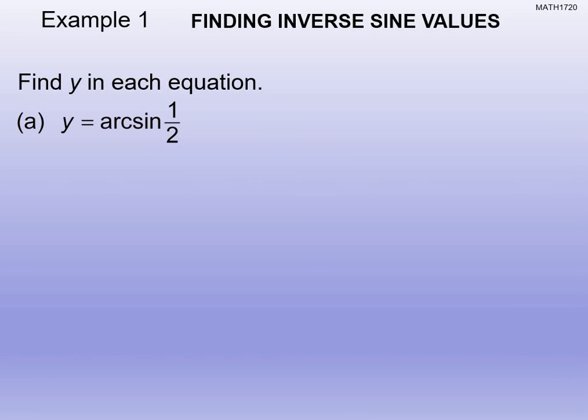That's essentially all I'm doing. I want you to think of sine of what angle gives me 1/2. That's really what we're looking for here, and that's what it's solving for. So I can rewrite this as sine of y equals 1/2.